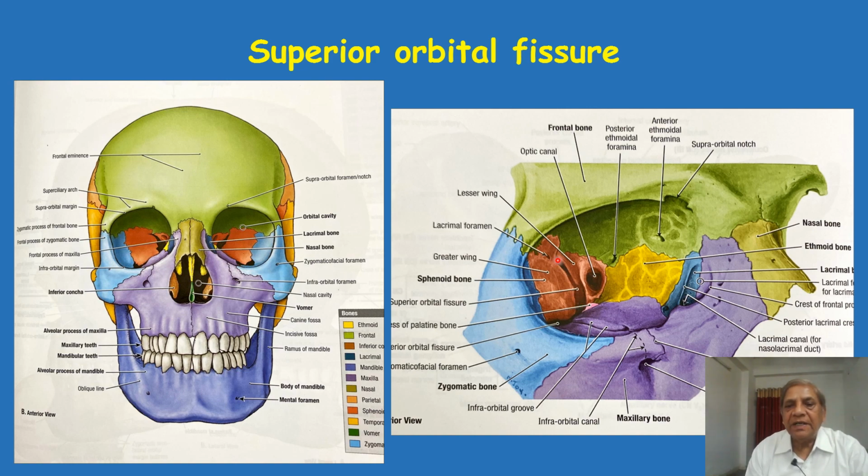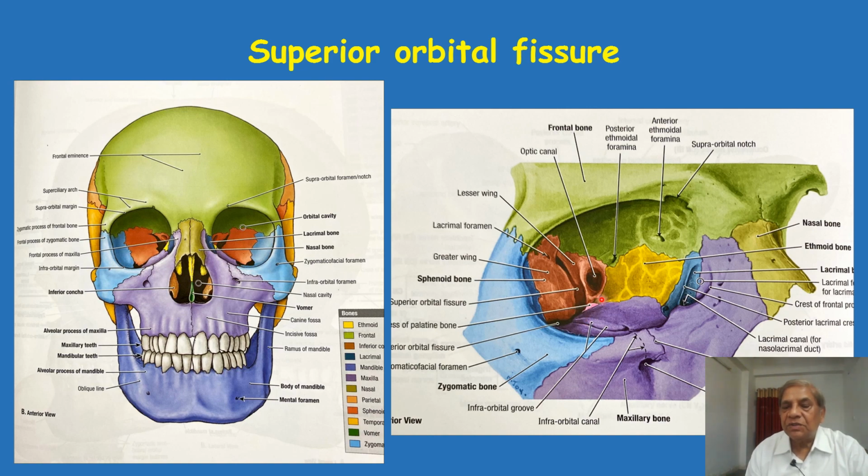You can say that supromedially this fissure is bounded by the lesser wing of the sphenoid, while infralaterally it is bounded by the free margin of the greater wing of the sphenoid. Thus this fissure is mainly located between two free margins: one is the lesser wing of the sphenoid and the other is the greater wing of the sphenoid.